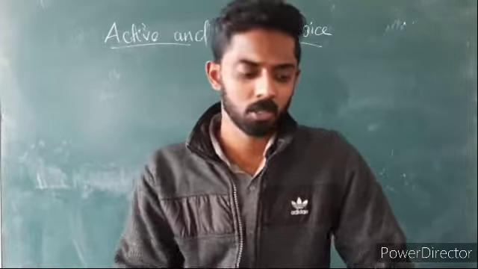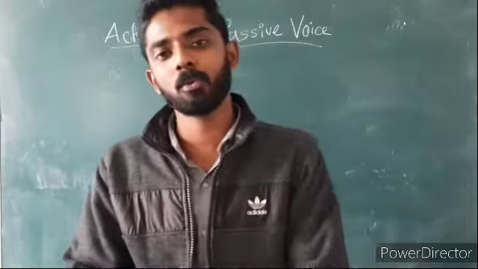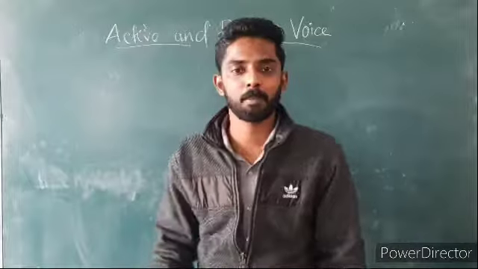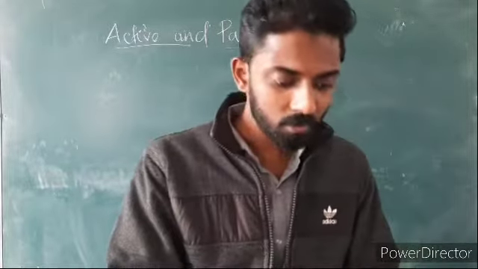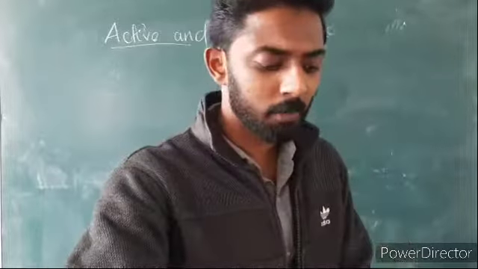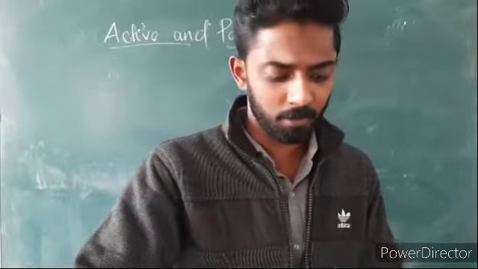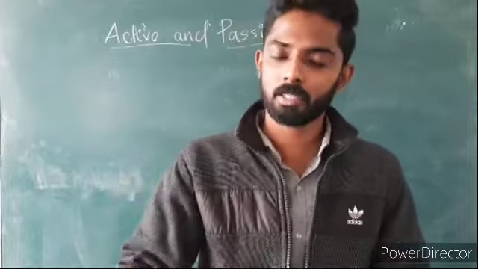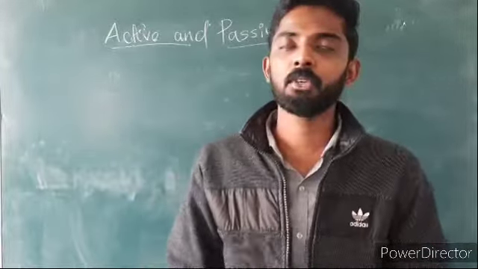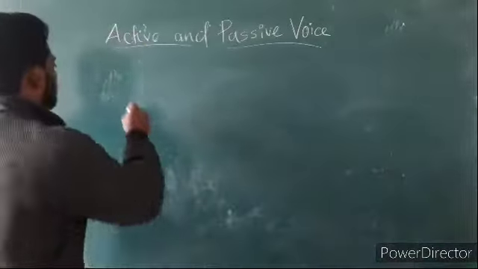So before we move on, we have to know more about the tenses and the changes which happen with regard to active and passive voice. We'll take one example and see all the tenses and the conversion. The first one: he makes pots.